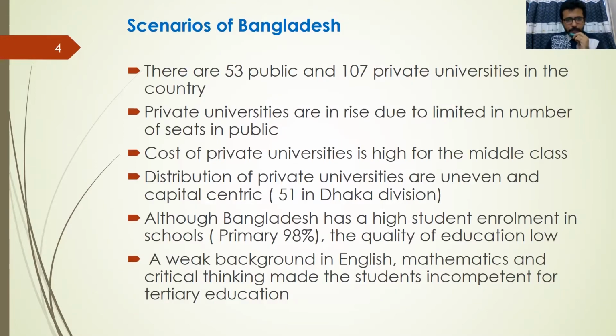So there are 53 public and private universities, and the public universities are limited in seats and the cost of private universities is higher.